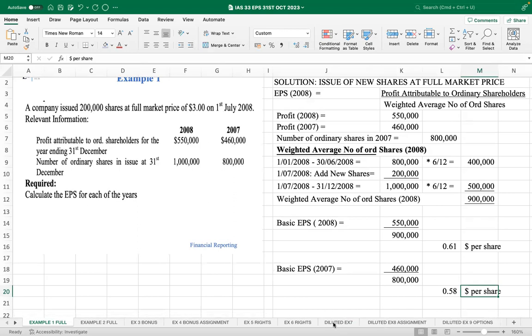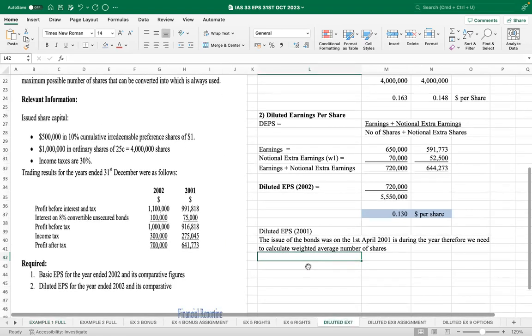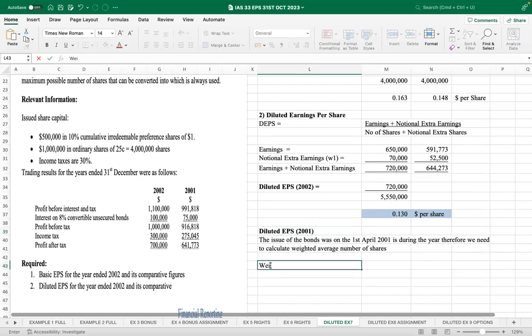So let's go to our question and finalize it. So we need to find now the weighted average number of shares in 2001.